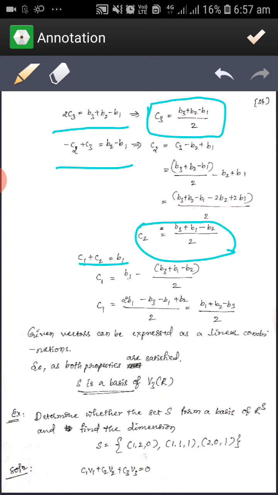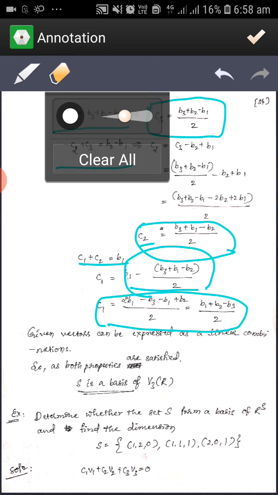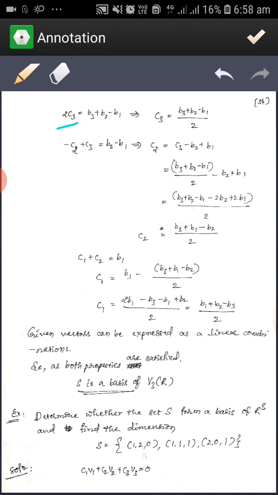Then c1 plus c2 is equal to b1. Since we already know c2, we can fill in the c2 value and find c1 by equating these equations to the b terms, and we need to find c1, c2, c3.